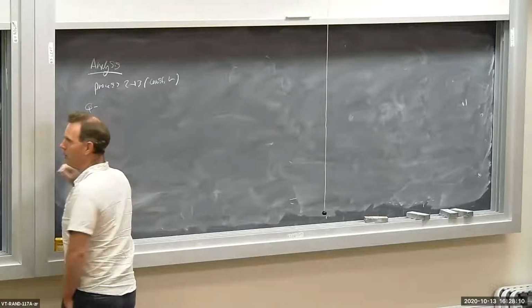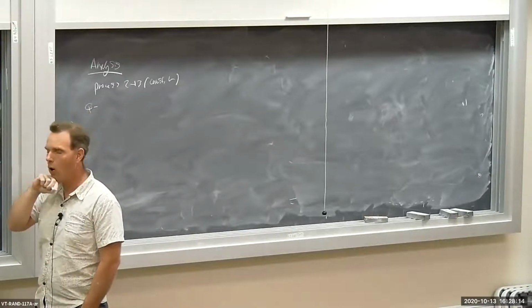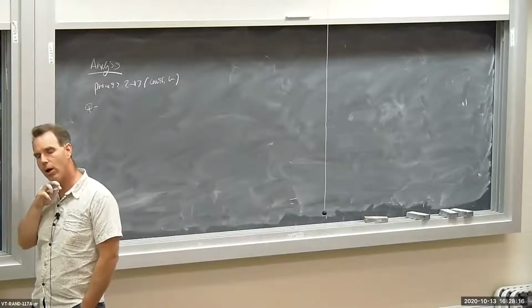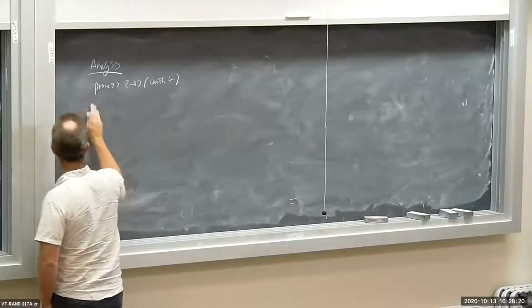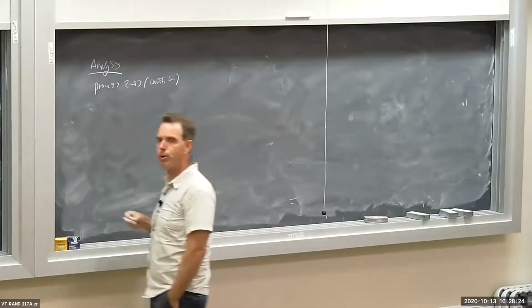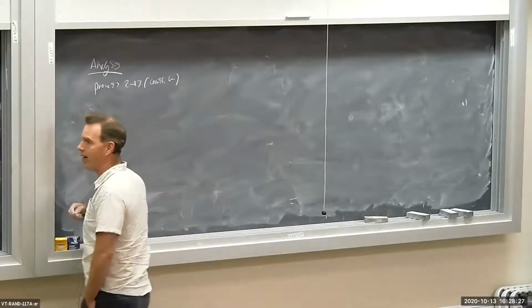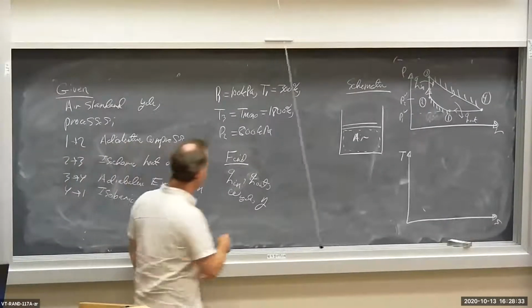Q, we don't have the mass for the air. So I think I'm going to write everything from now on on a per unit mass basis. So instead of using capital Q and capital W, I'm going to write everything on a per unit mass basis because I don't have the mass of the working fluid, but I'm not interested in total heat transfer or total work.